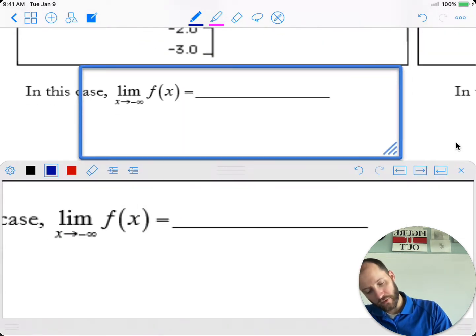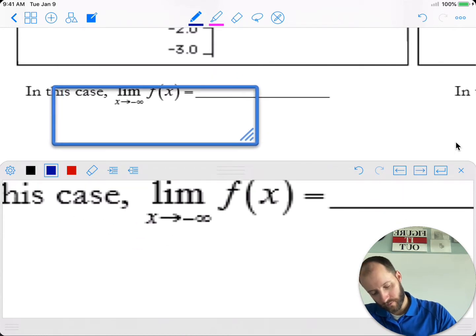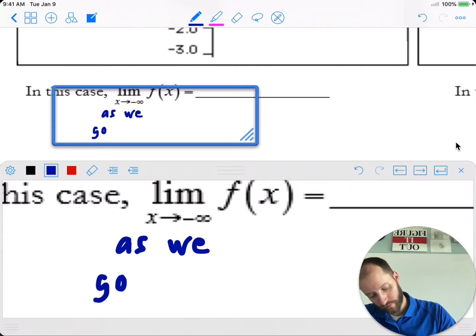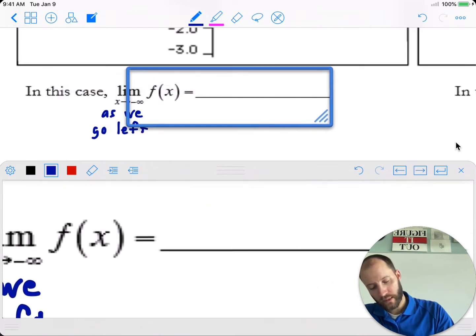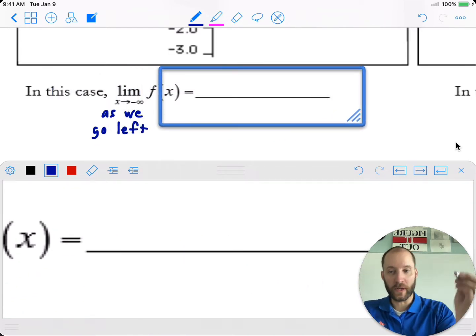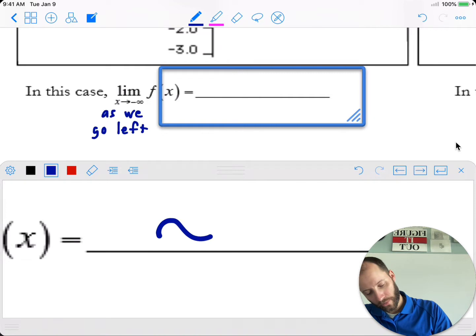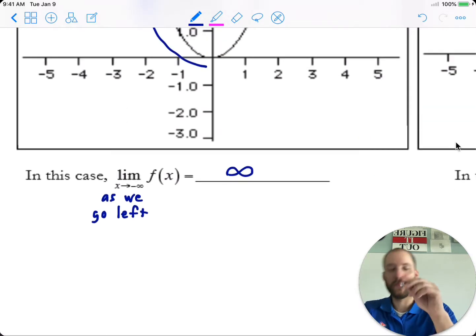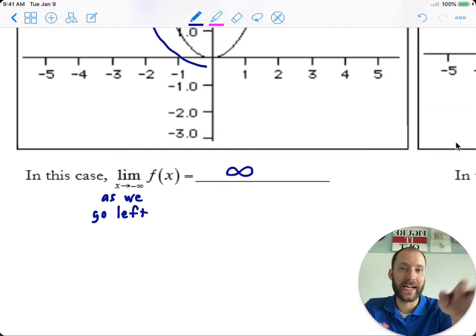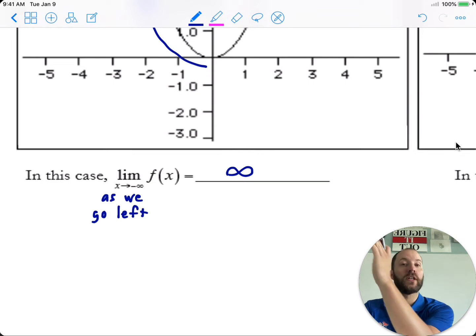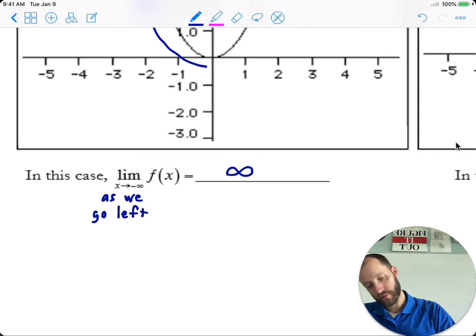So again, clarifying, as we go left, we're going up. Now infinity technically is not a limit, it's not unique, but for one-sided limits, we'll say we're going up towards positive infinity.